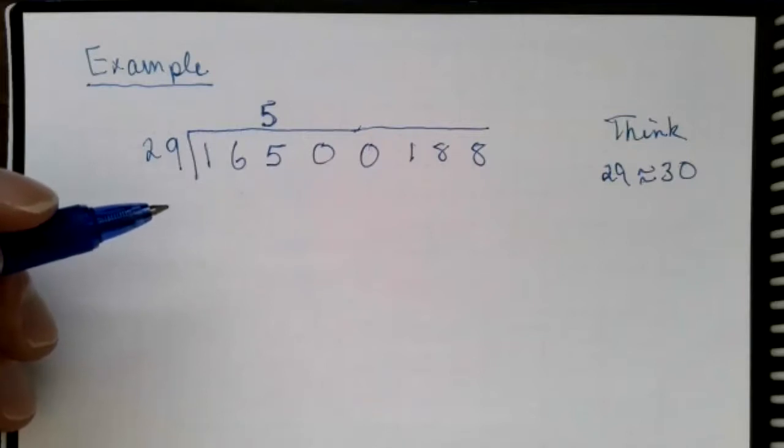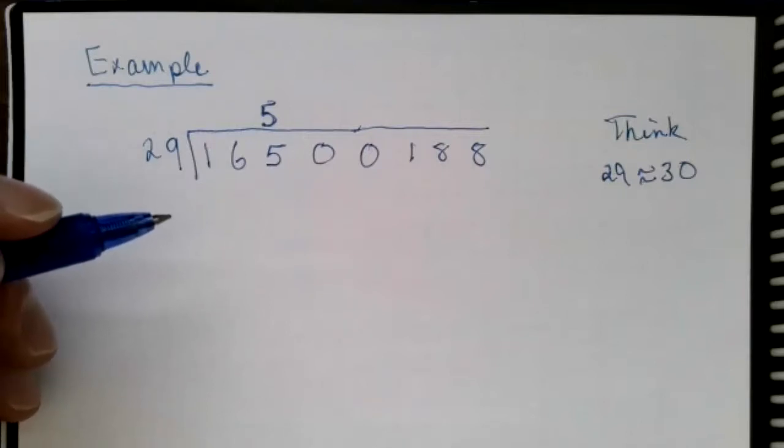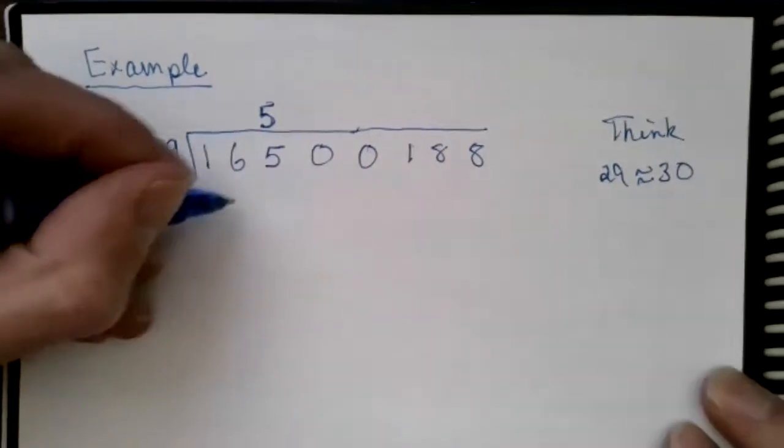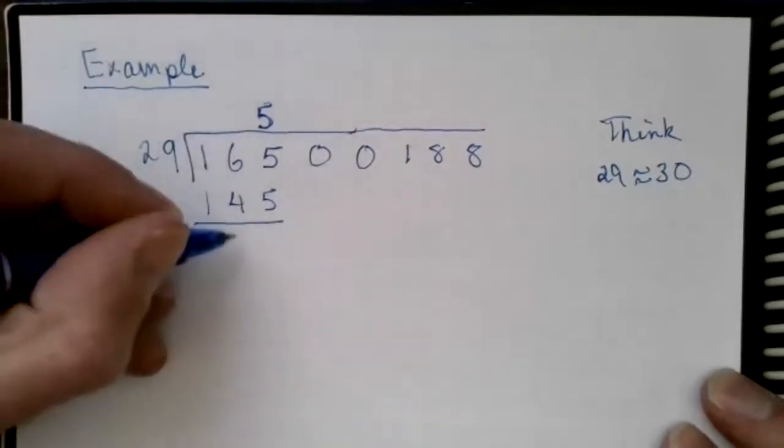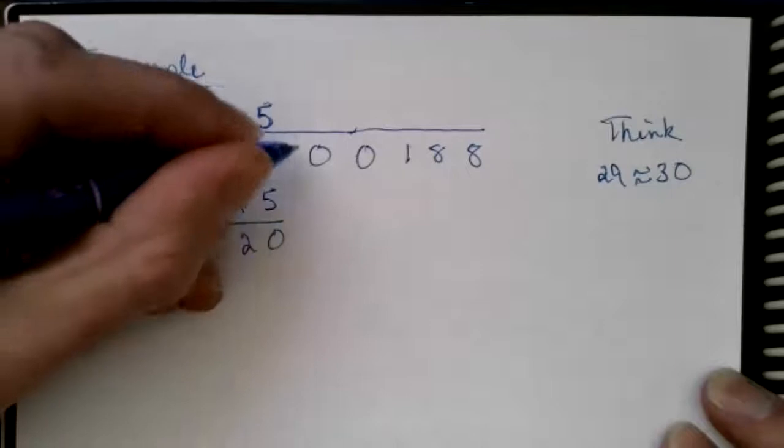So we know 30 copies get us to 150, so back off one copy of 5: 145. So that's a 2, that's a 0.